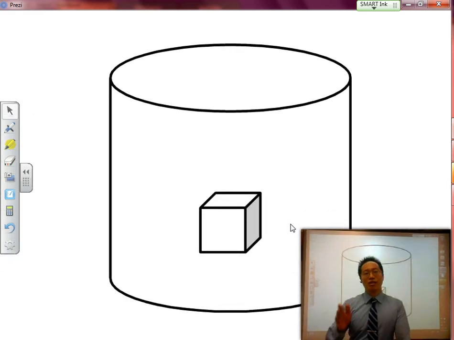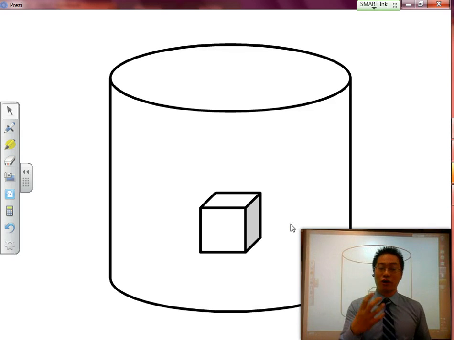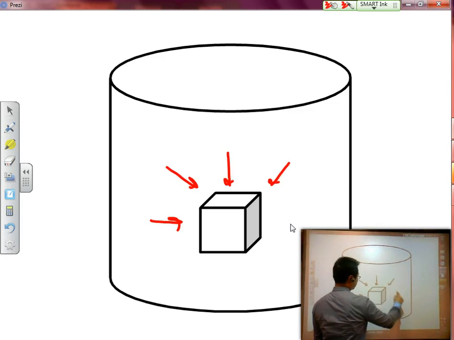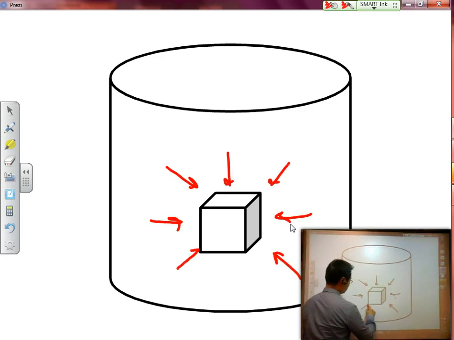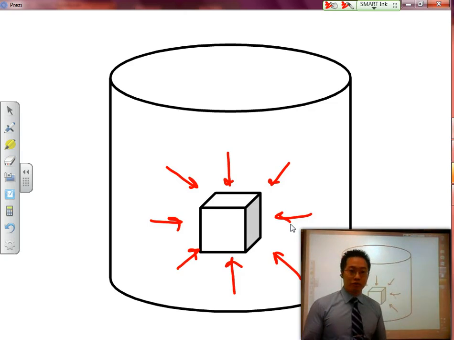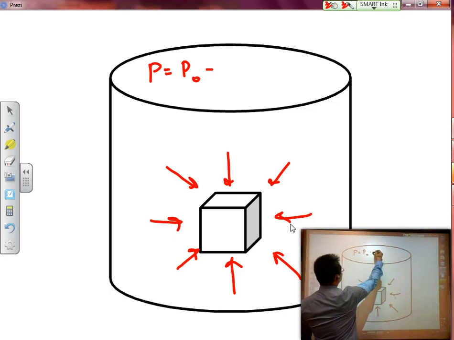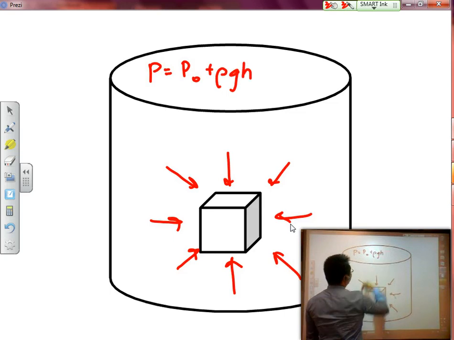Any object that's in water is going to feel fluid pressure from all sides. If you remember, our formula for pressure was P equals P0 plus rho g h.